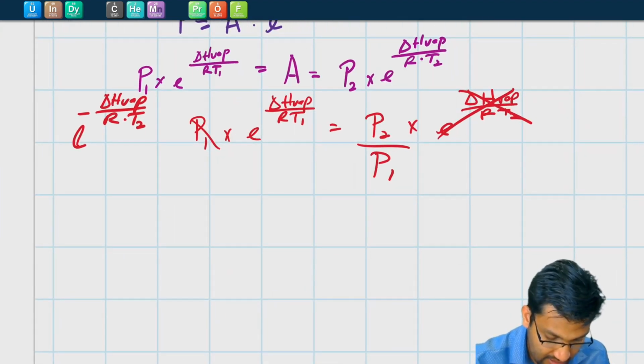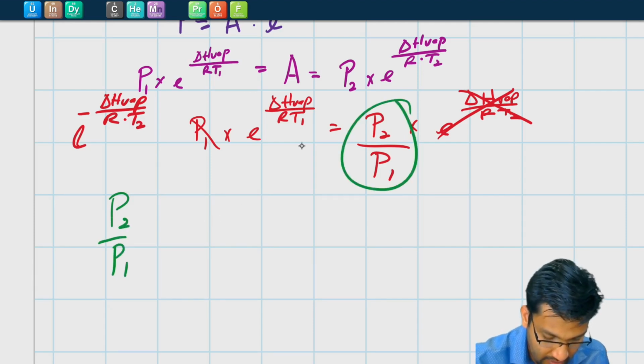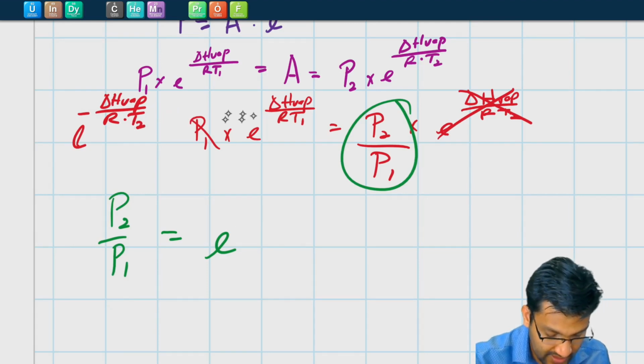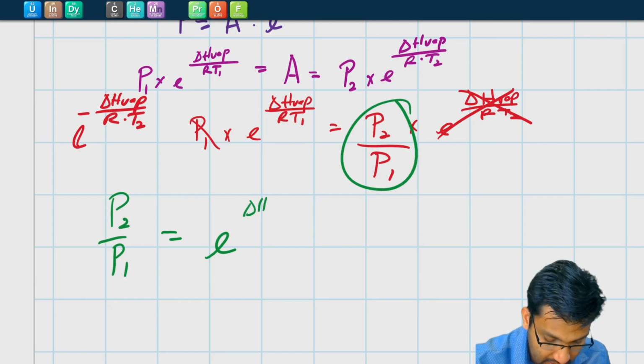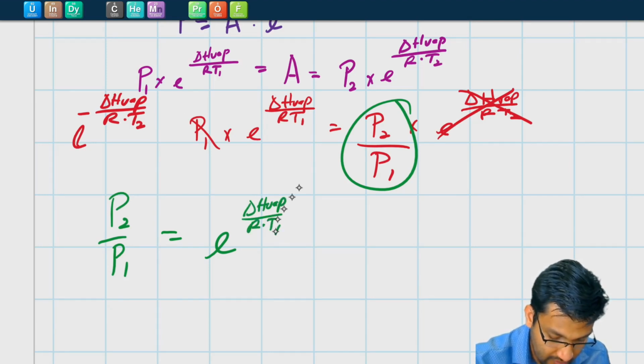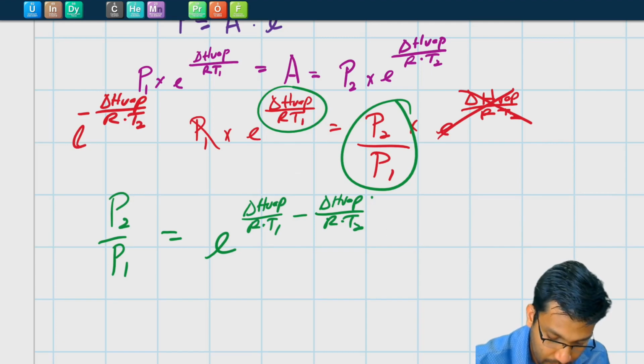Okay, so let's simplify this further. We have P2 over P1 from here is equal to, we have two exponentials multiplied by each other, so this all comes out to delta H of vaporization over R times T1, this is the positive one here, minus delta H of vaporization over R times T2.